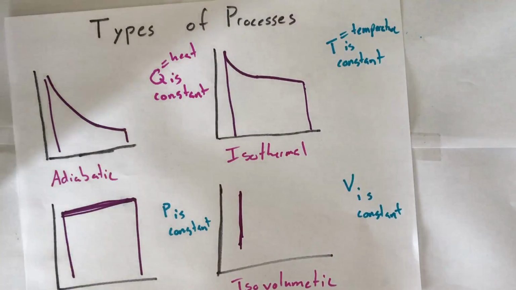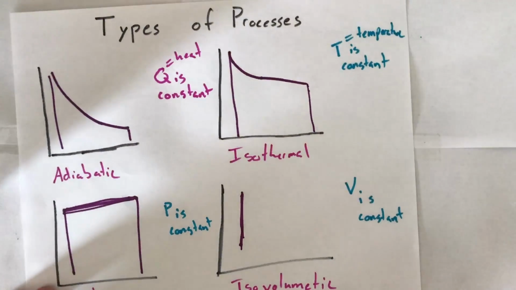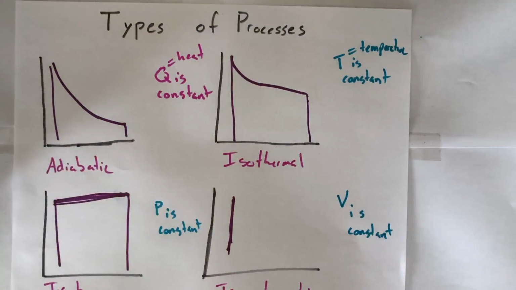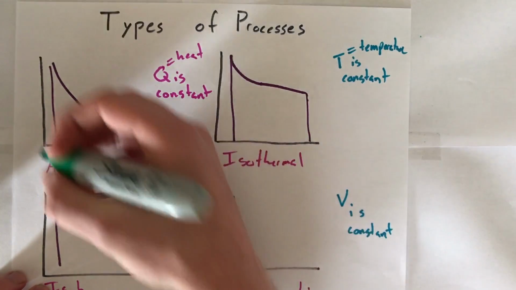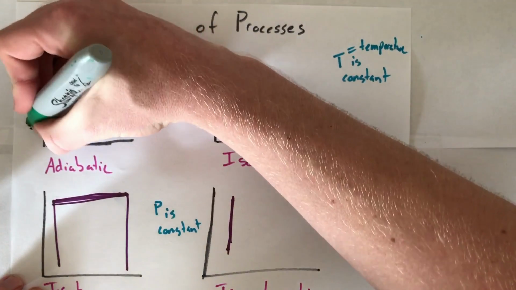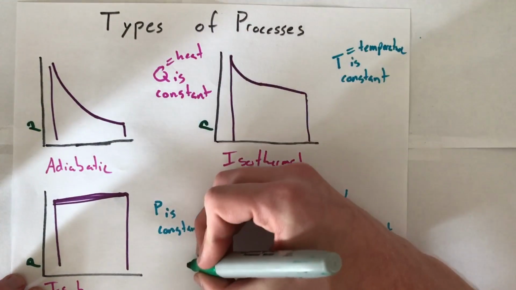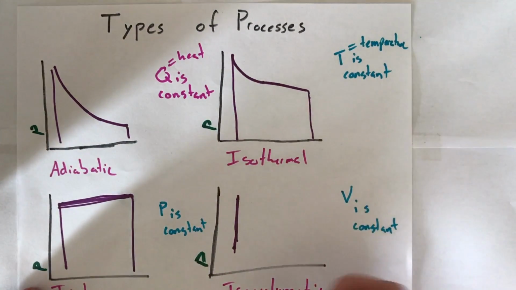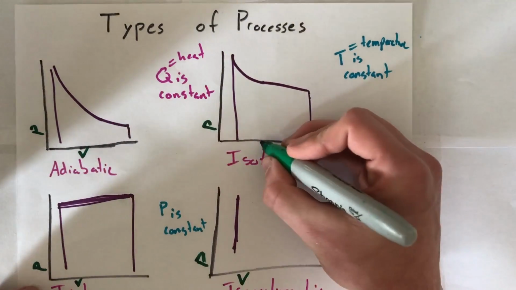So by looking at these basic types of graphs, we can sort of start to piece together what exactly these PV diagrams are doing. We know that P is your y-axis, so pressure is your y, and then V will be your x.